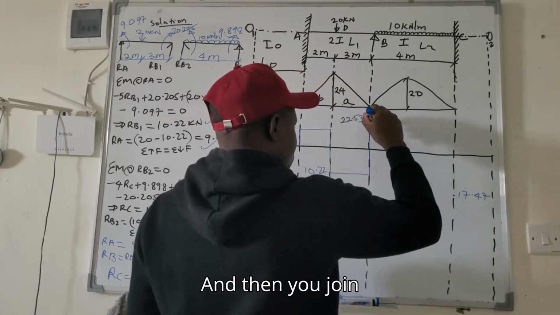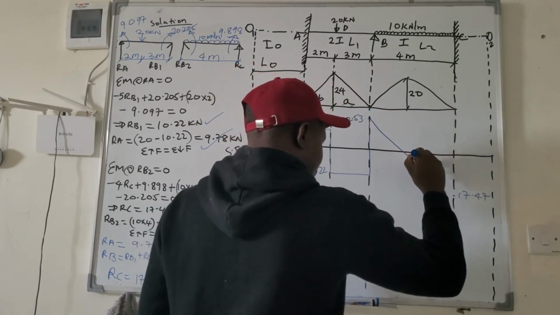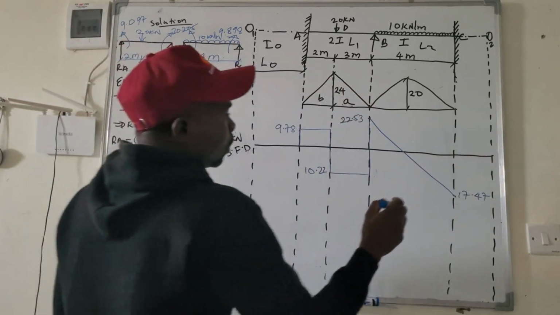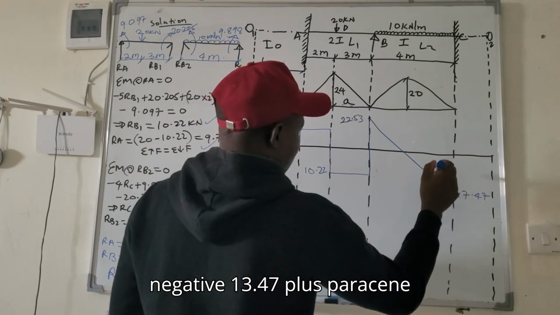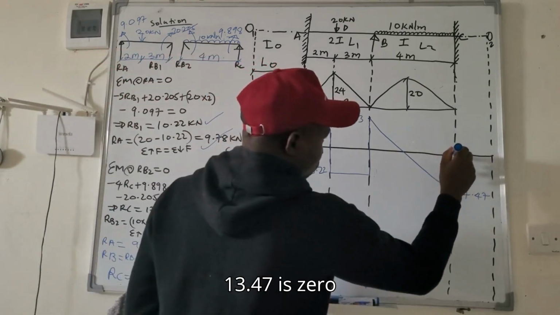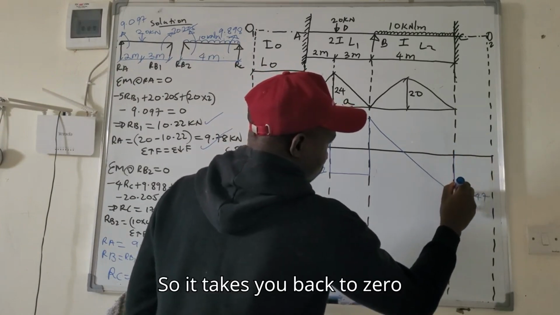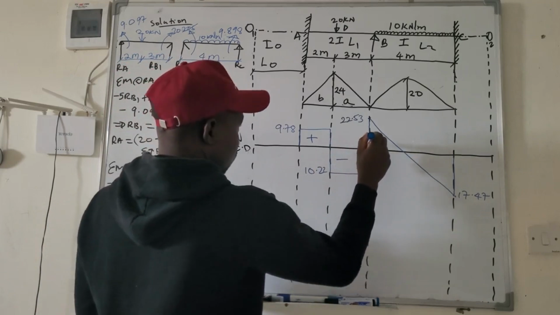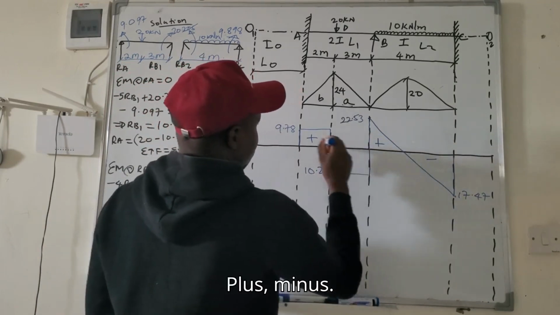And then you join that. So negative 17.47 plus RC, 17.47 is 0, so it takes you back to 0. Plus, minus, plus, minus.